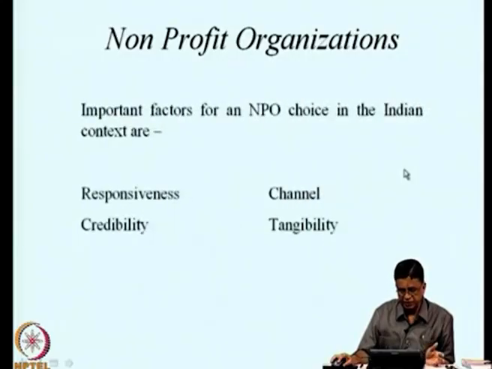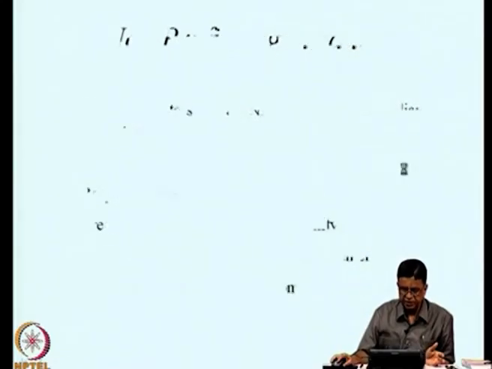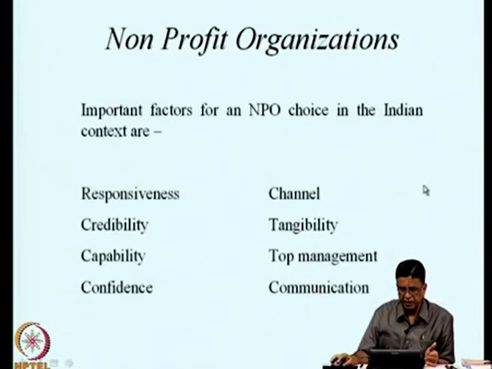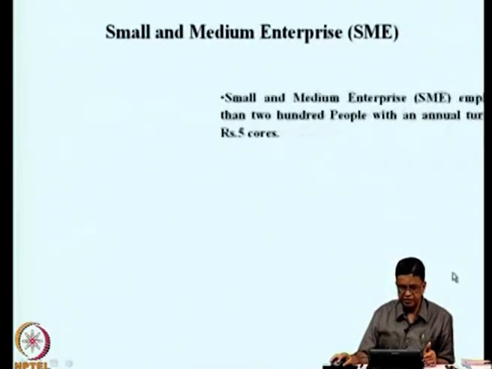Using these different organizations, what are the important factors that NPOs should consider? We listed the important factors in the Indian context as eight of them: responsiveness, credibility, capability, confidence, channel, tangibility, top management and communication.